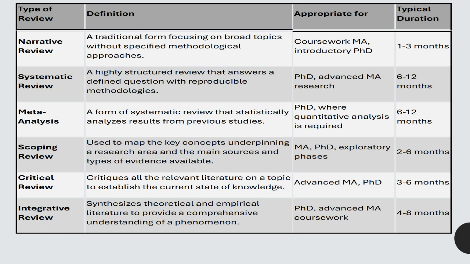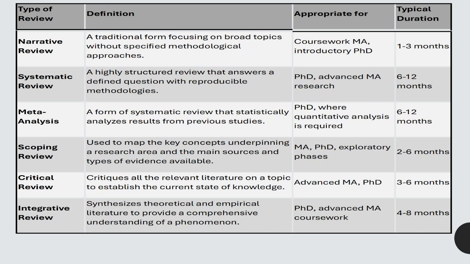A scoping review is something that I would say every study needs. But a scoping review is sufficient for a master's study, and for a PhD study in the exploration phase. A scoping review is used to map the key concepts underpinning a research area and the main sources and the types of evidence that are available.